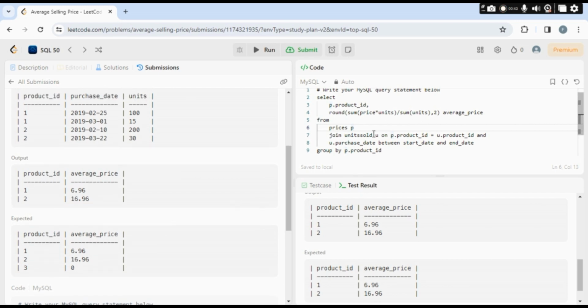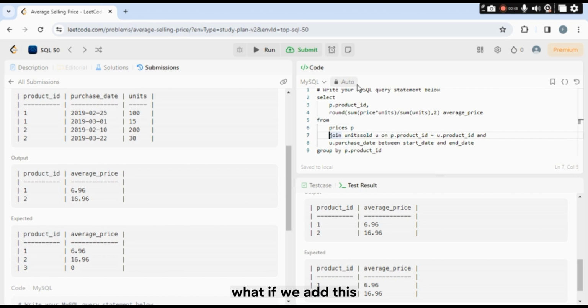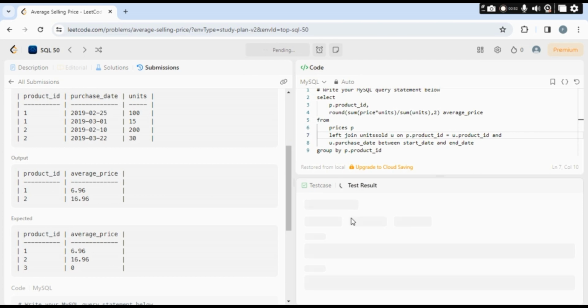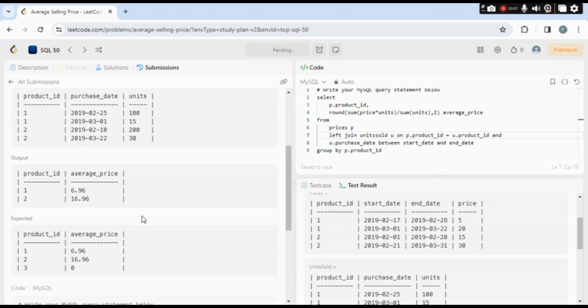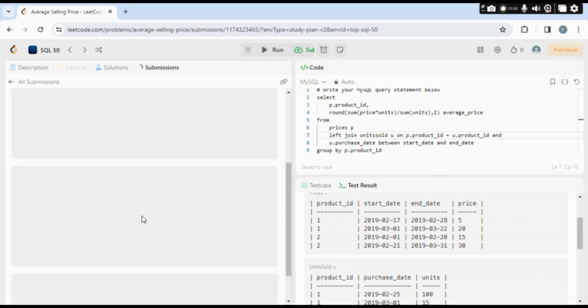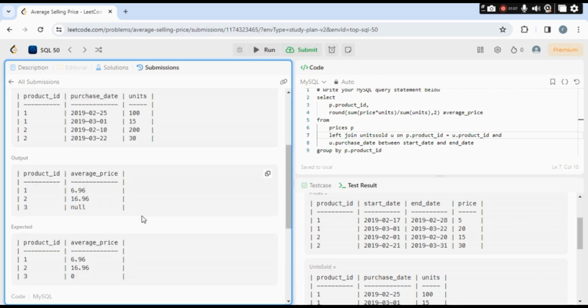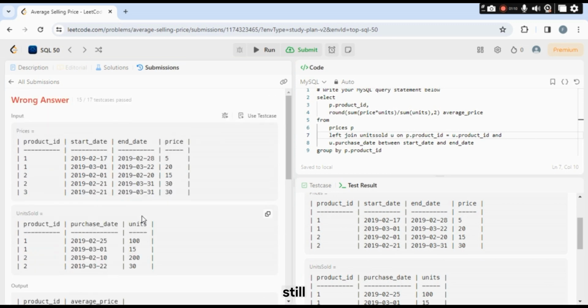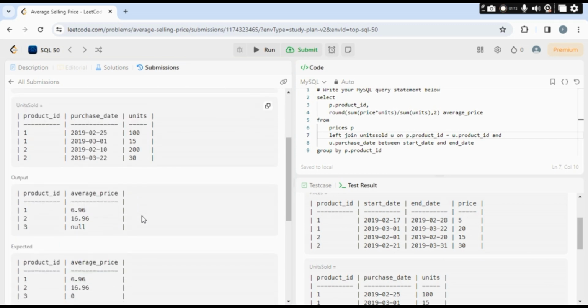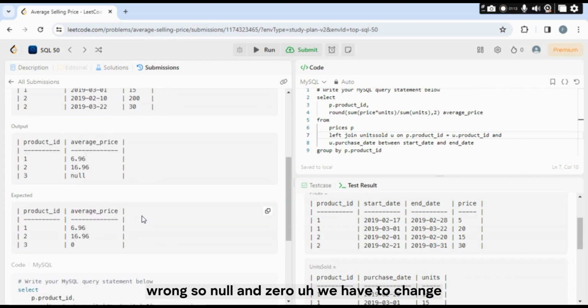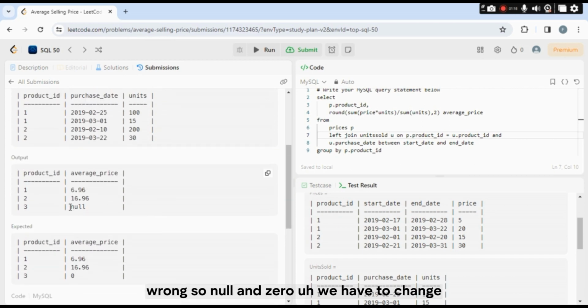So what if we add this? Still wrong. So null and 0.